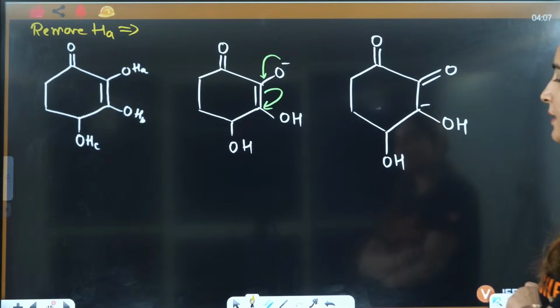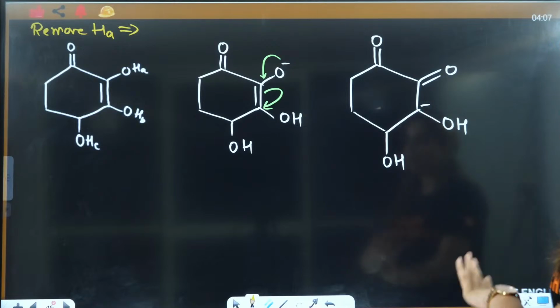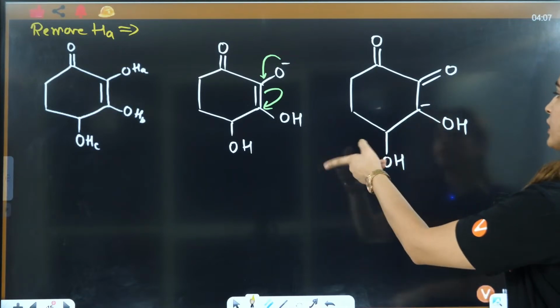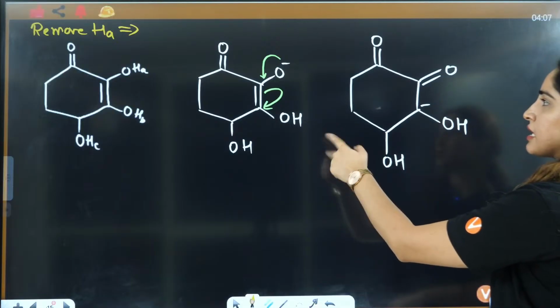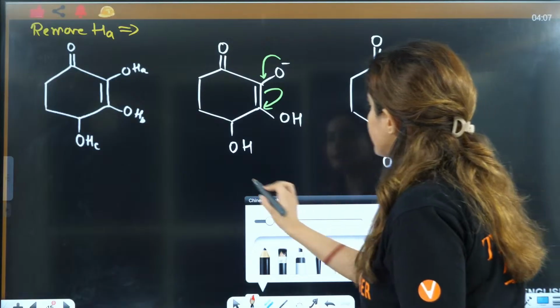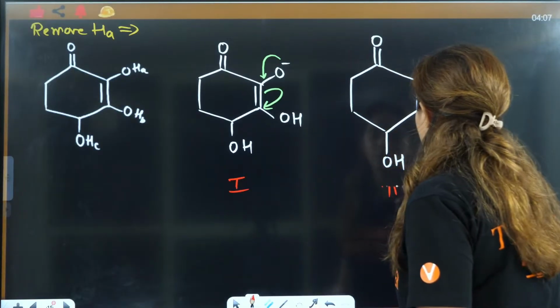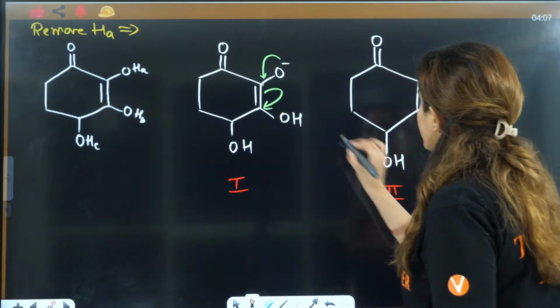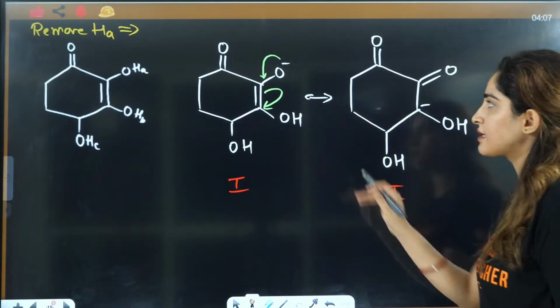So can I say that in this case, it is showing two resonating structures. If I say this is first, then this is the second one. So it is existing in two resonating structures.